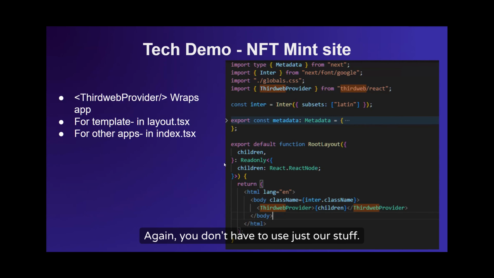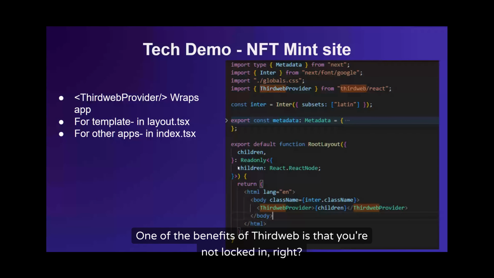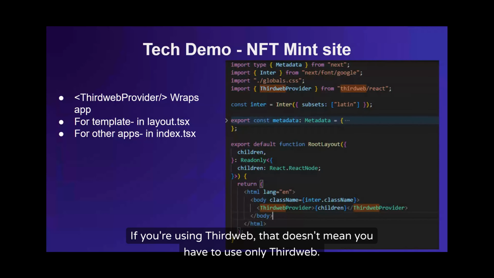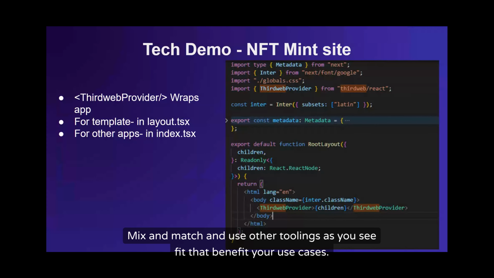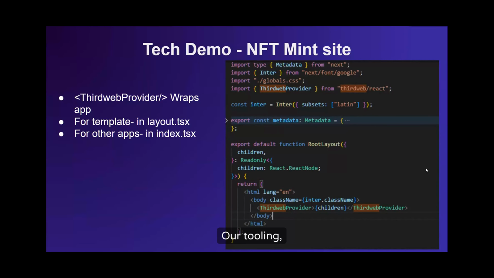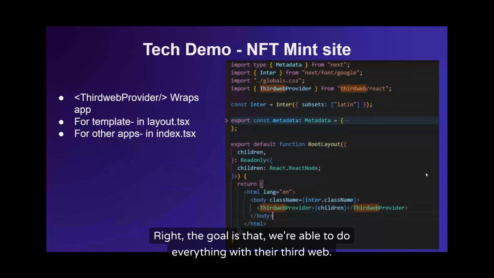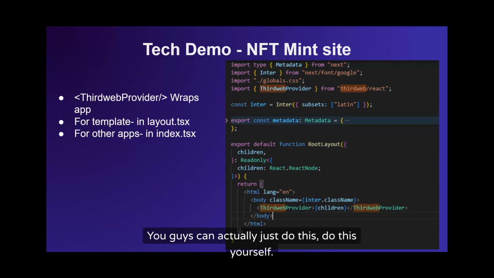Again, you don't have to use just our stuff. One of the benefits of Thirdweb is that you're not locked in. If you're using Thirdweb, that doesn't mean you have to use only Thirdweb. You can mix and match and use other tooling as you see fit that benefits your use cases. The goal is that we're able to do everything within Thirdweb, but if not, that's okay. You can actually just do this yourself.